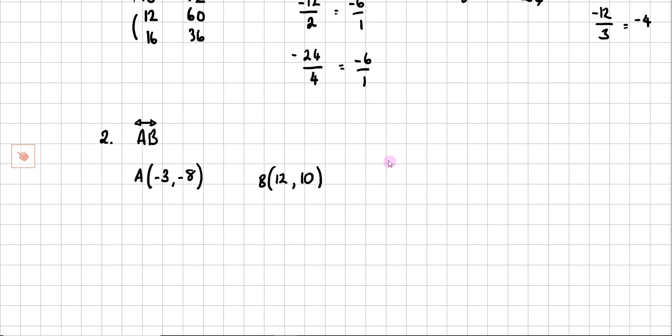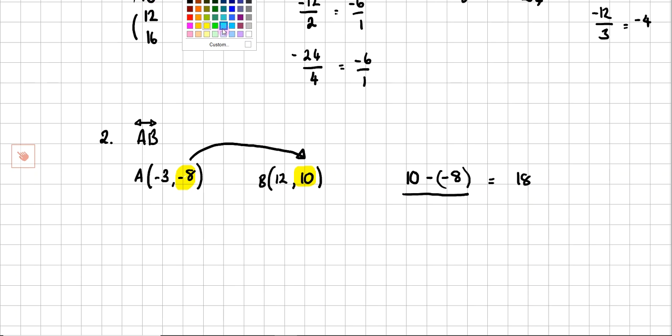So we want to know what the change in y is. So the y coordinates are negative 8 to 10. So remember, we could do it either way as long as we are consistent. So I'm going to look at this direction. So what's my change? I'm going to go 10 subtract negative 8, which is 18, good, divided by my change in x.